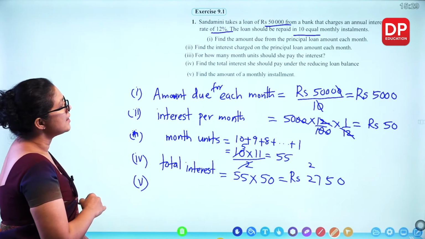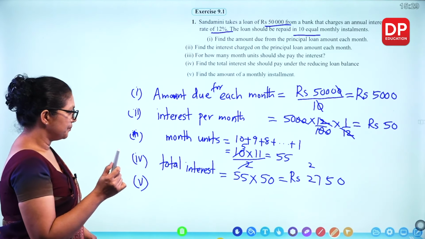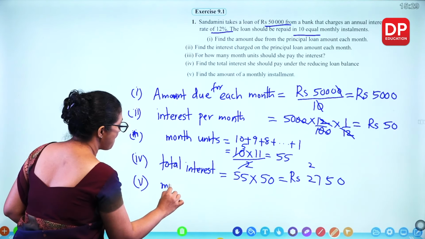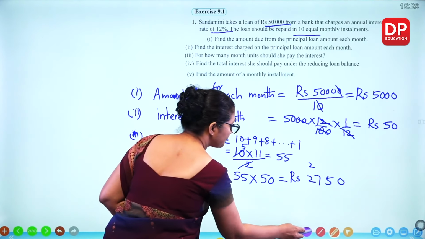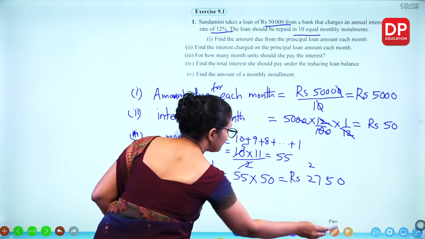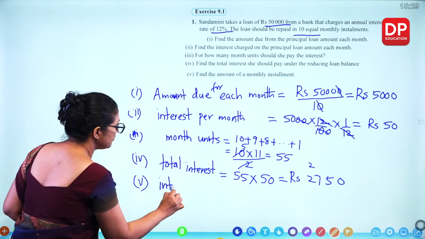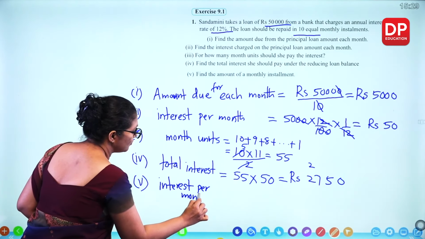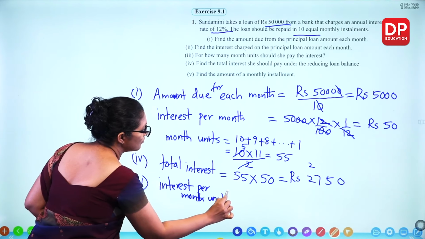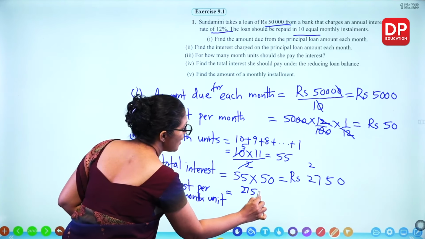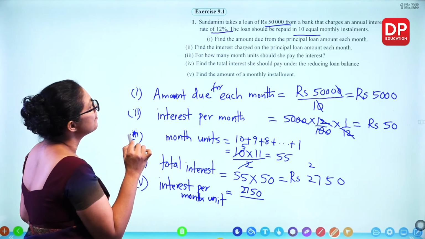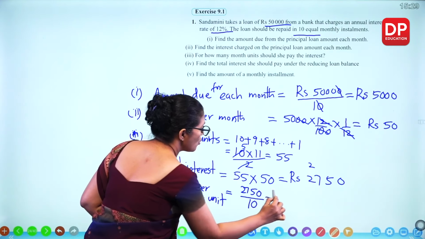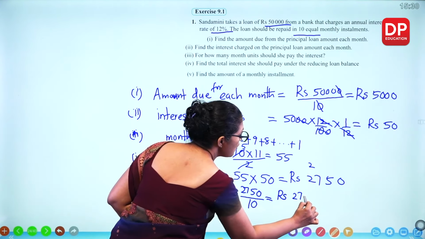And fifth part, find the amount of a monthly installment. So first we need to find out the interest per month unit. That's 2,750 divided by 10 equal months. So 275 rupees.